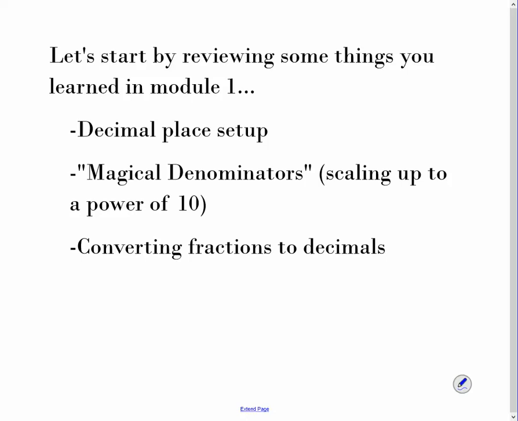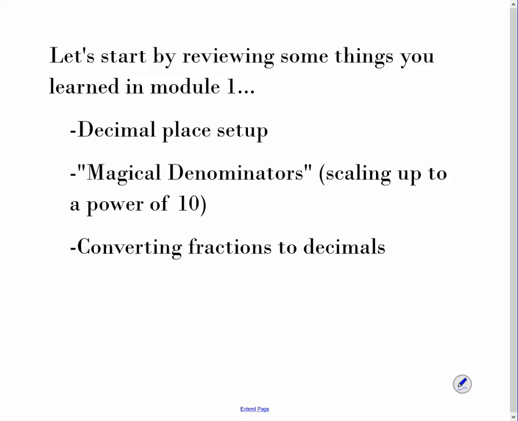We talked about this when dealing with percents: if we want to take one fraction and see what it is as a percent, maybe we could scale it up to 100. That came really easily if it was a magical denominator. And then we're going to look at the old standby way of converting any fraction to a decimal.